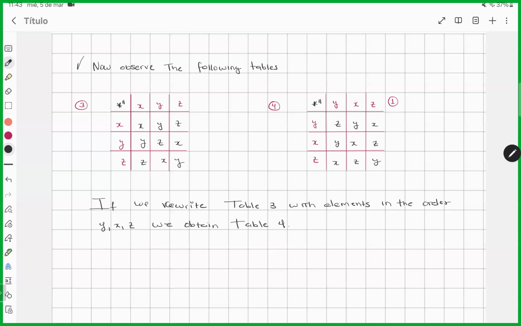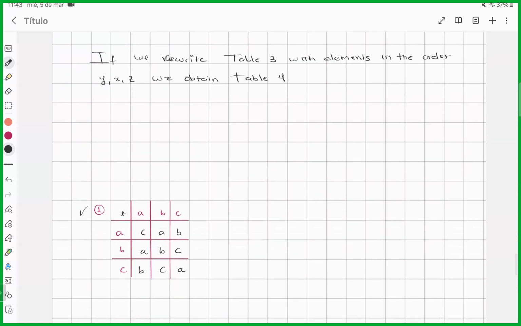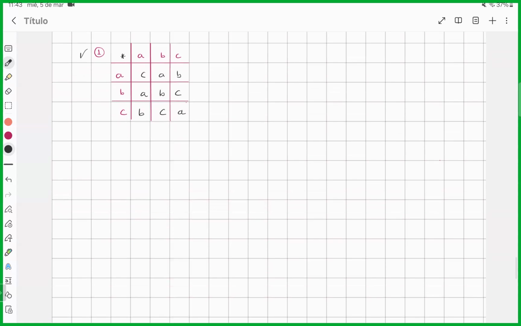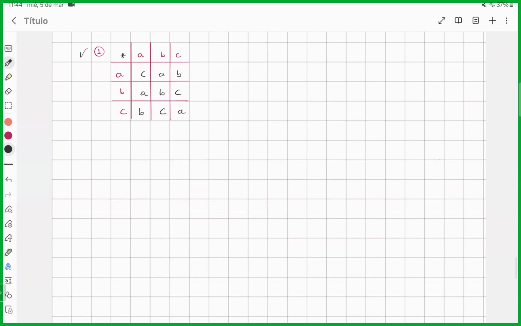Now observe here that we did not set up any one-to-one correspondence. We just list the elements in a different order. So now let's consider again our table 1. What can we observe here?